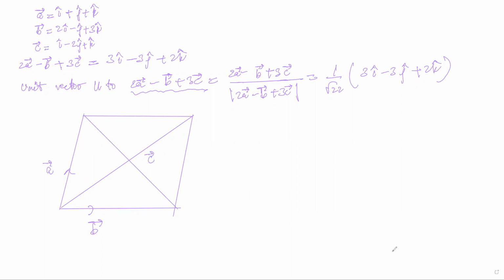Find C cap as well as D cap, and also the area of the parallelogram. You are given vector A is this and vector B is this. Guys, can you solve this?